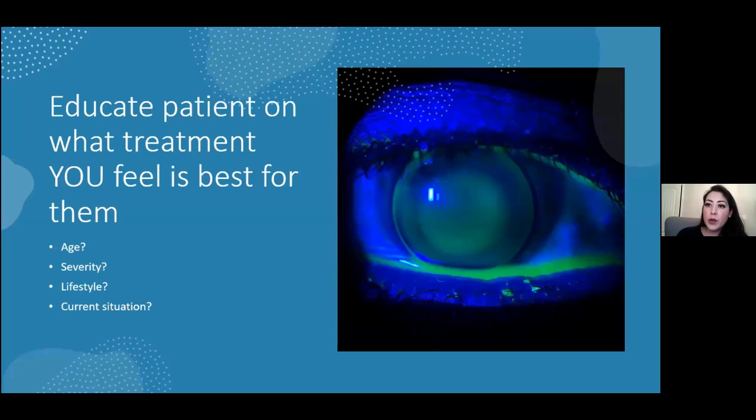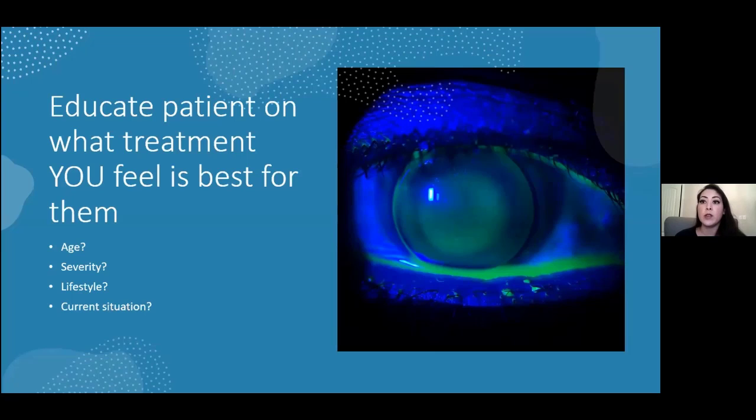So another thing is we want to educate patients on what treatment option is best for them. Age is a concern. If they're very young, for me personally, I refer them to get cross-linking right away. We know that if they're diagnosed earlier in life, they're way more likely to become advanced later in life.